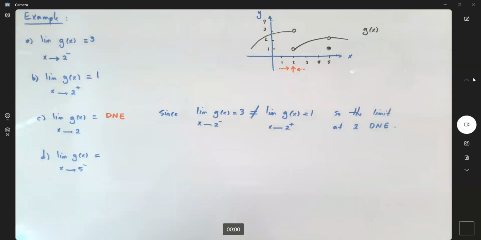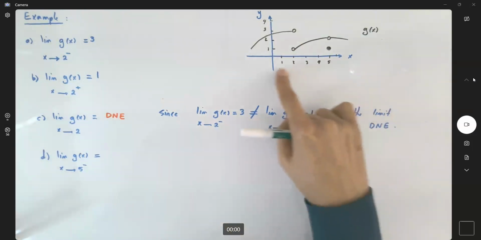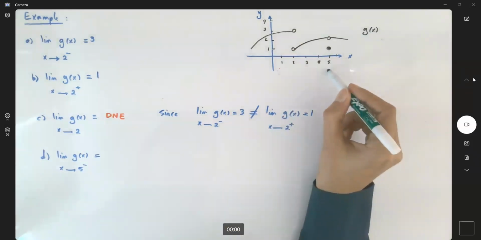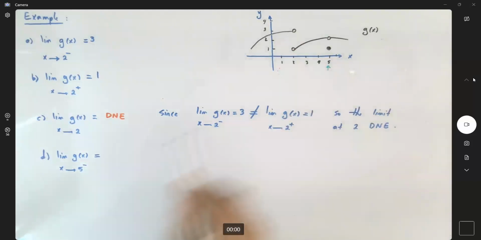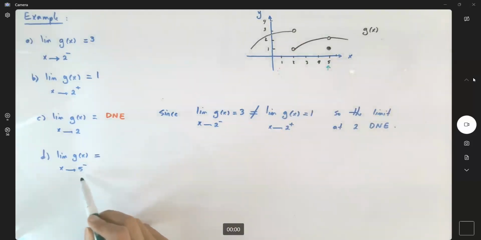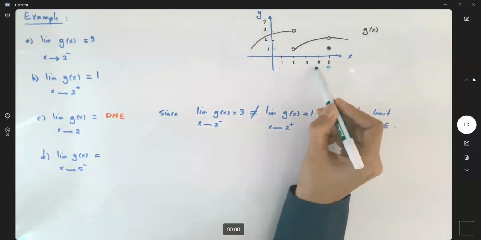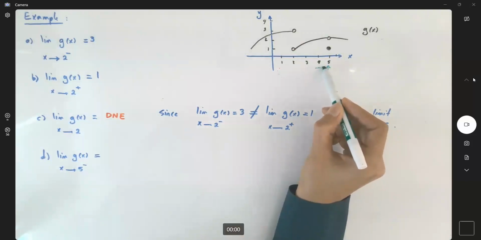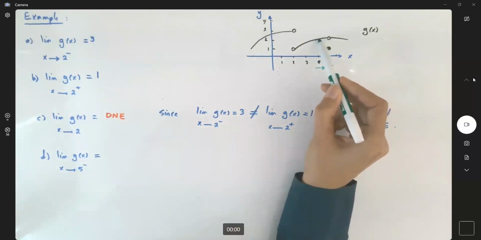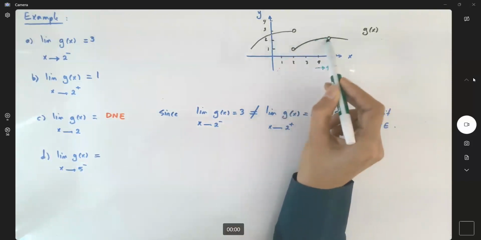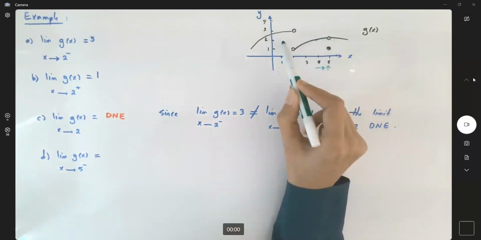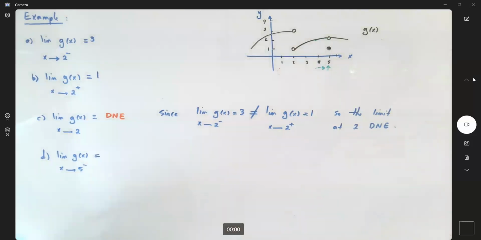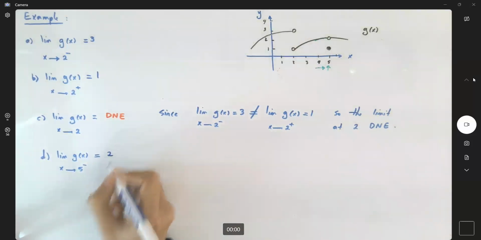There is 5. 5 is just right here. I'm getting closer and closer to 5 from the left-hand side. I'm on the graph and my y is getting closer and closer to 2. Okay, very well. It wasn't that difficult to see.